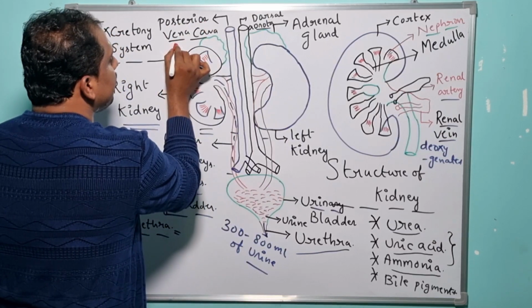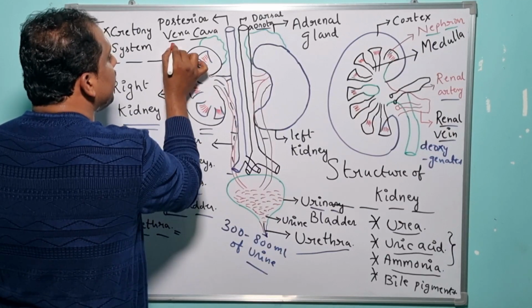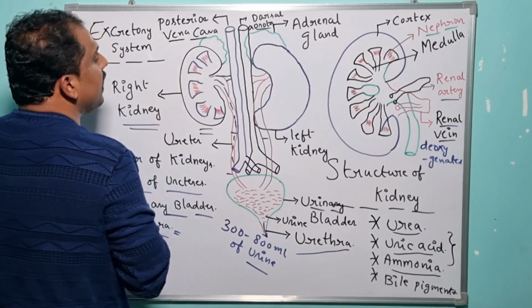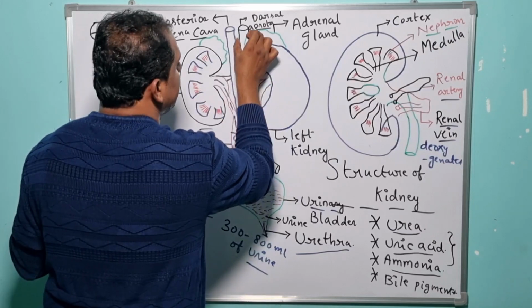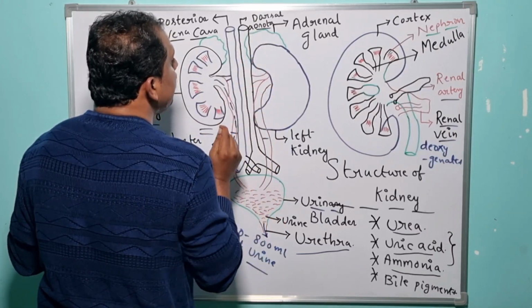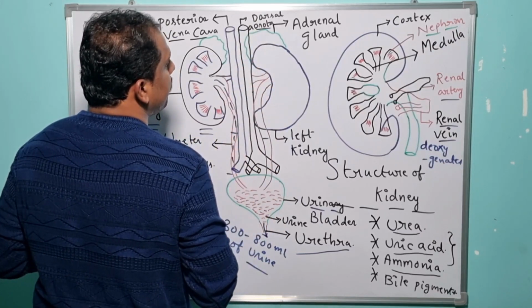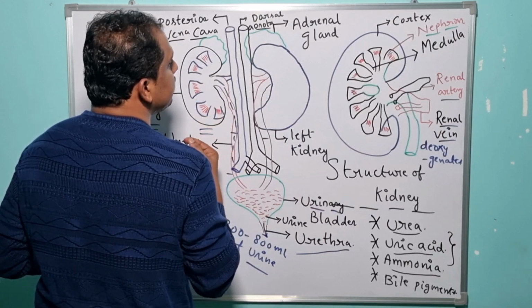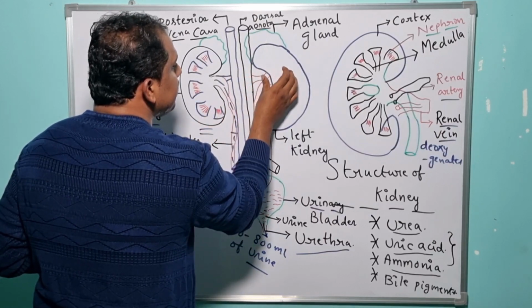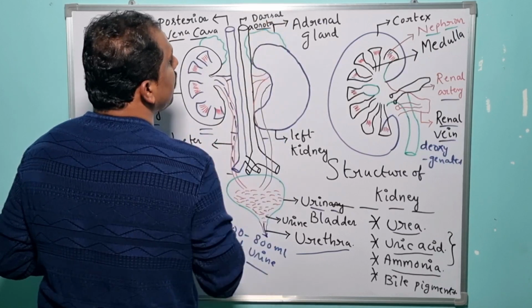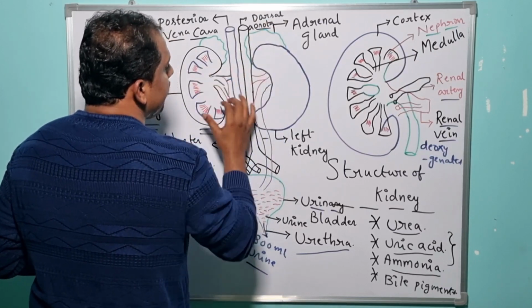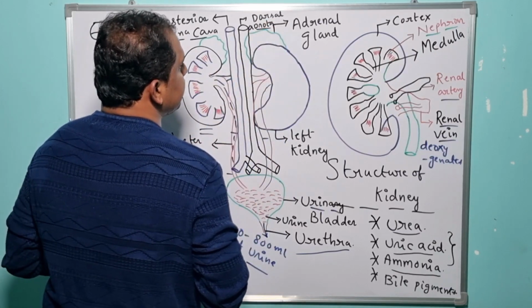And the dorsal aorta is responsible for giving up the oxygenated blood. That means when we inhale oxygen, the oxygen reaches the kidneys by means of the dorsal aorta. So this is the basic structural organization of the excretory system.